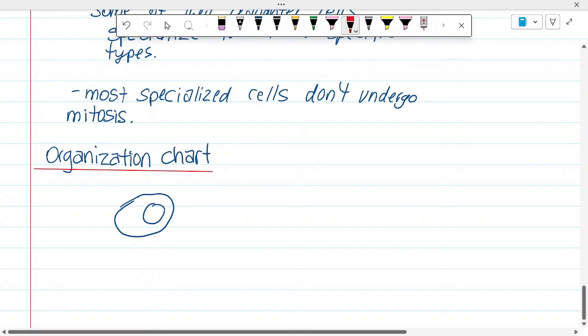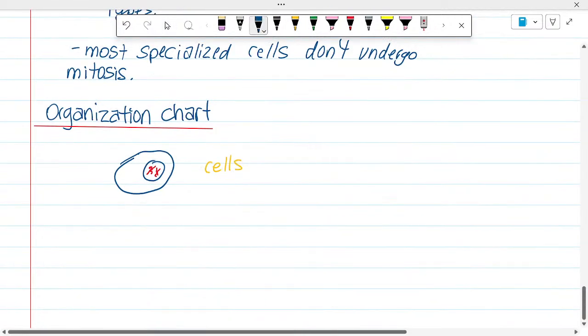Here it is. Look at me. I'm a lovely cell. Okay. So we have cells. A group of cells working together that are all the same type, we call what? Tissues. Very good.